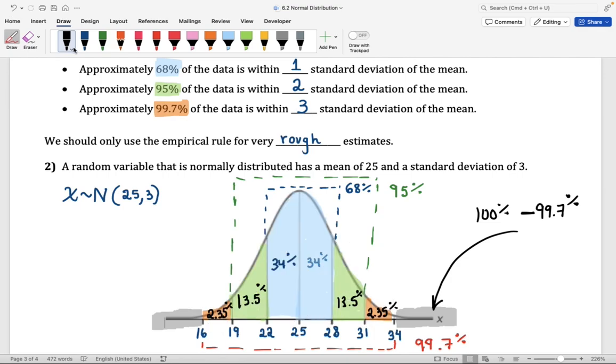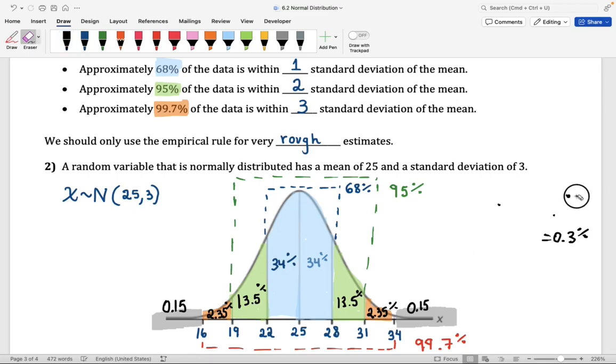If we take 100 minus 99.7, we get 0.3%. That percent is the area on the left-hand side of 16 and the area on the right side of 34. If we want the area to the left-hand side of 16, we need to take 0.3 and divide it by 2. That is going to give us 0.15. That is the area that we have below 16. The area that we have above 34 is also 0.15.